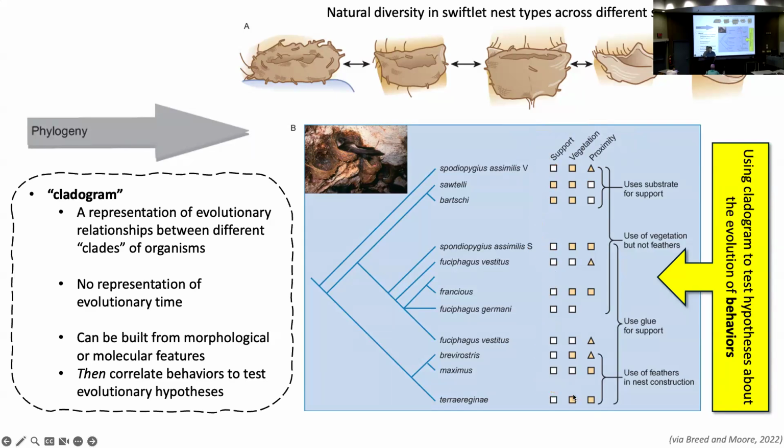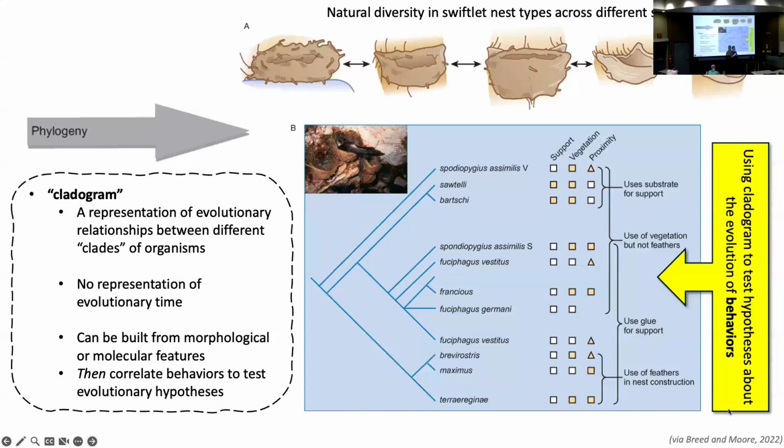So the ancestral swiftlet used this type of support, whatever that is. They glued it to the nest, whatever. But then there was a derived form that broke off. This little subgroup came up with a different type of support to exploit a new niche. So that suggests that maybe this is the older type and this is the newer type. And you could do that same game with all of the other traits here.